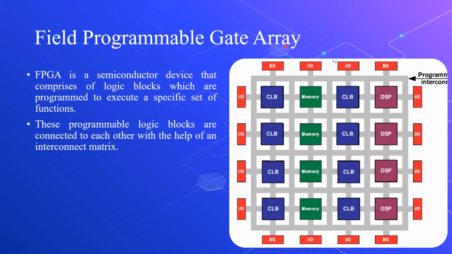These are all the connections we are making here. So CLB to input-output block, CLB to DSP block, one CLB to another CLB, and one CLB to memory element. So these are the different types of programmable interconnections available in the matrix format.